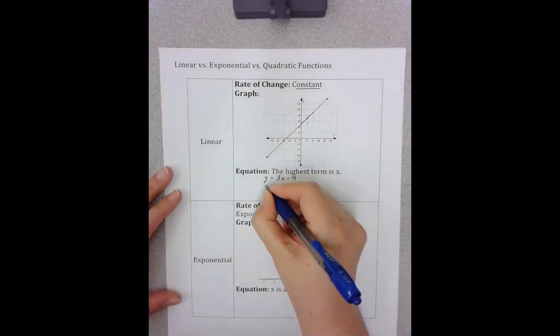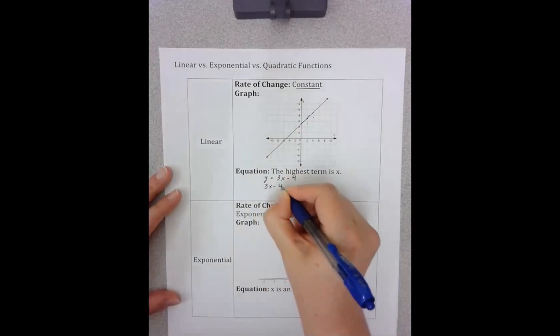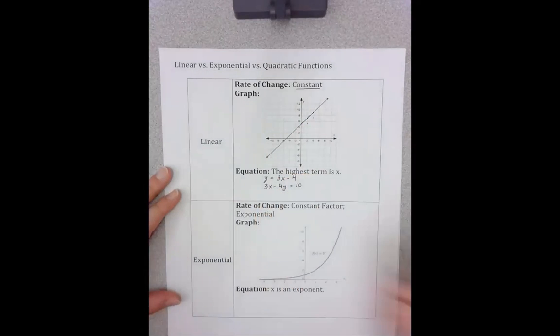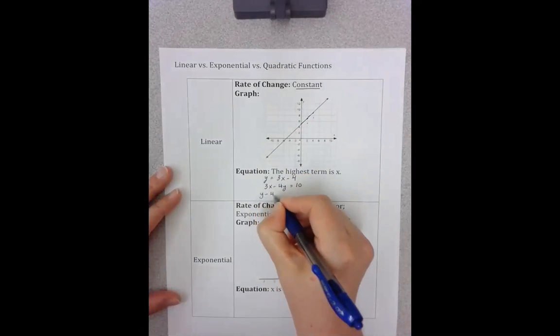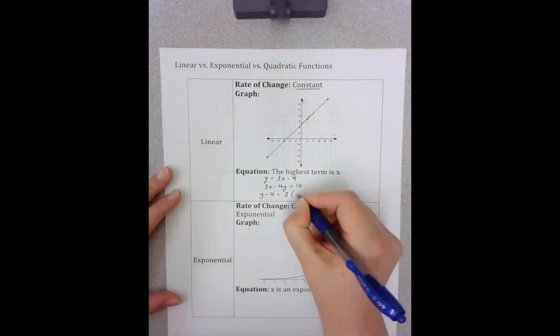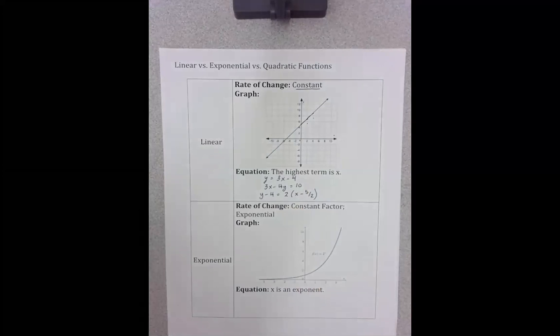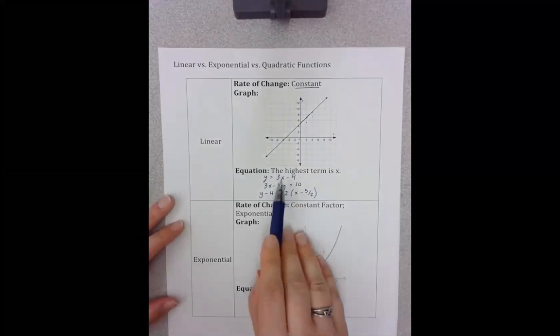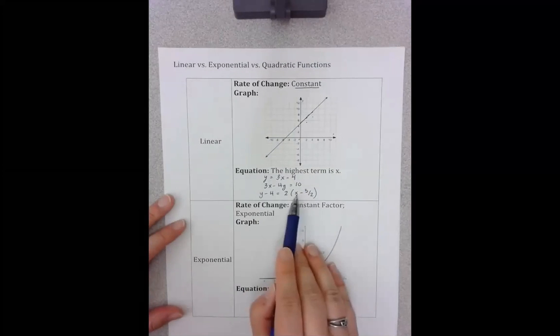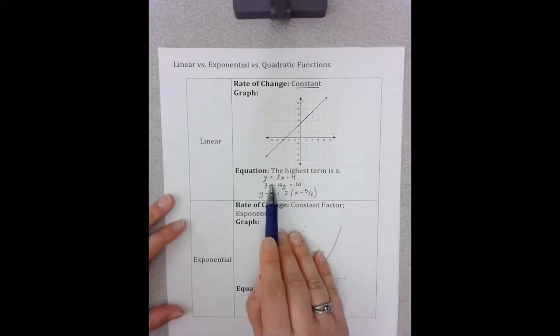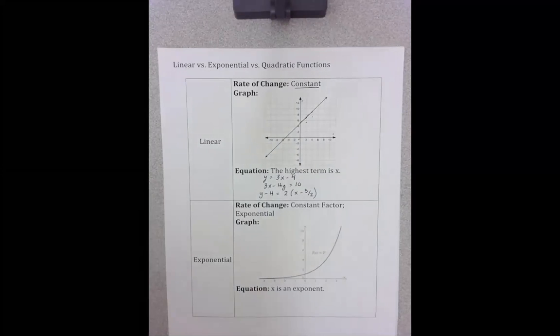You've seen them written in standard form. And you've also seen them written in point slope form. Either way, any of the ways these are written, you'll see that the x, the highest power on this x, is a power of 1. And we don't write that because it's a nicety. We've assumed that everyone understands that that power there is 1. So the highest term is an x to the 1. If we're going to be very careful about that.